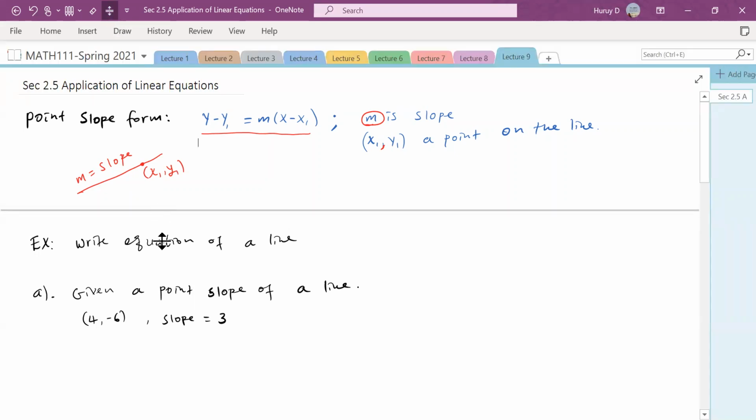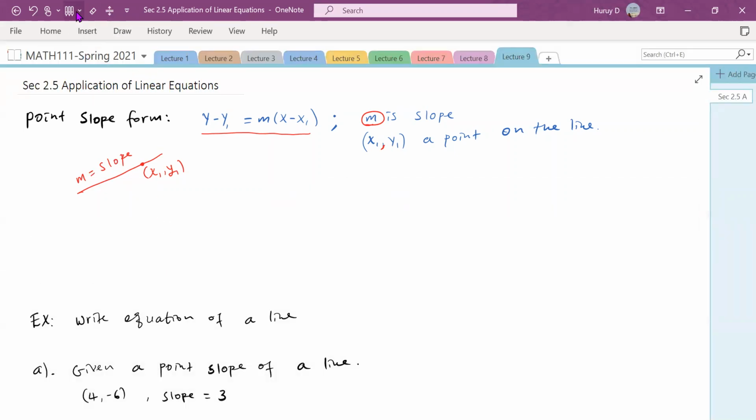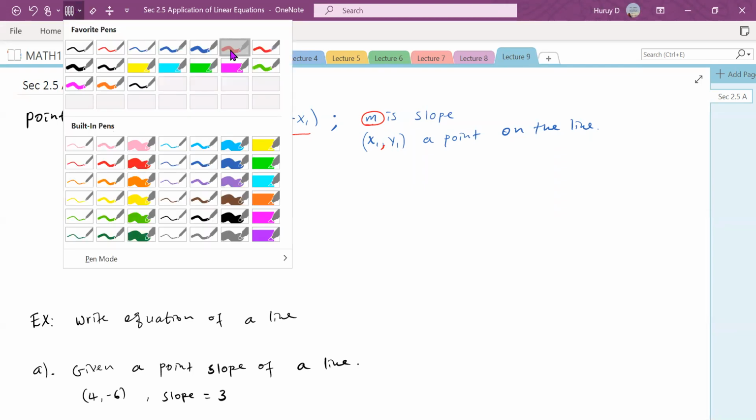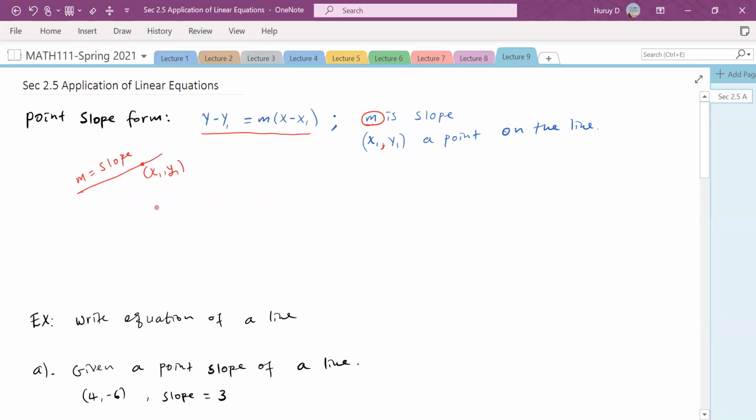Let's see. In our last lecture, we learned how to find the slope of a line, and the slope is given by m equals y2 minus y1 over x2 minus x1, right? So if this is the case, let's say we have the line here.